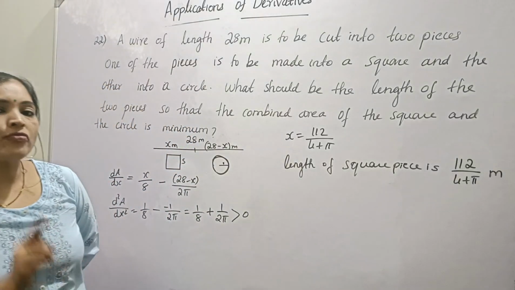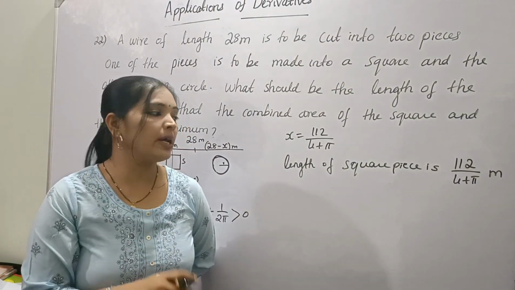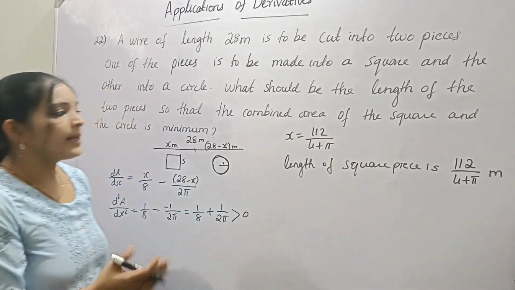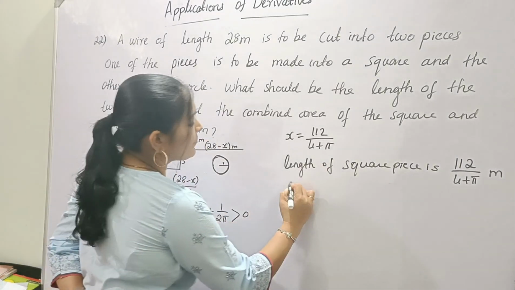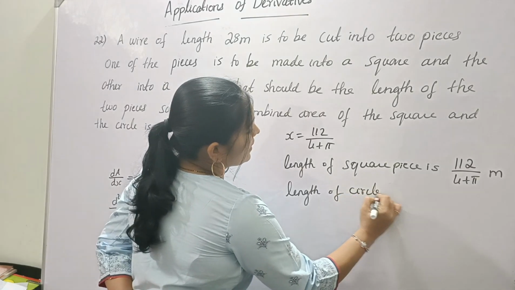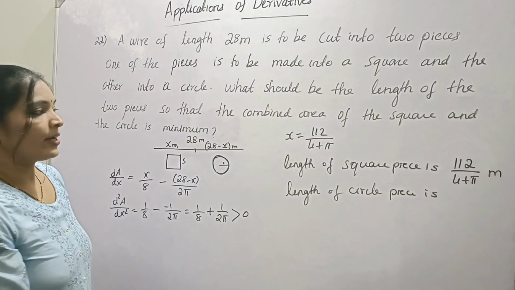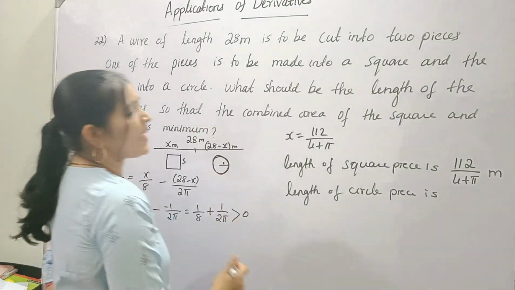So the length of one piece of wire is 112 divided by 4 plus pi, and the length of the circle piece, that we have to find, is 28 minus x.